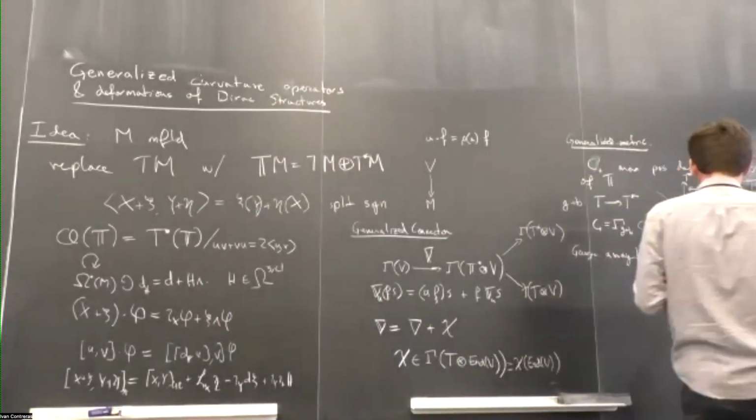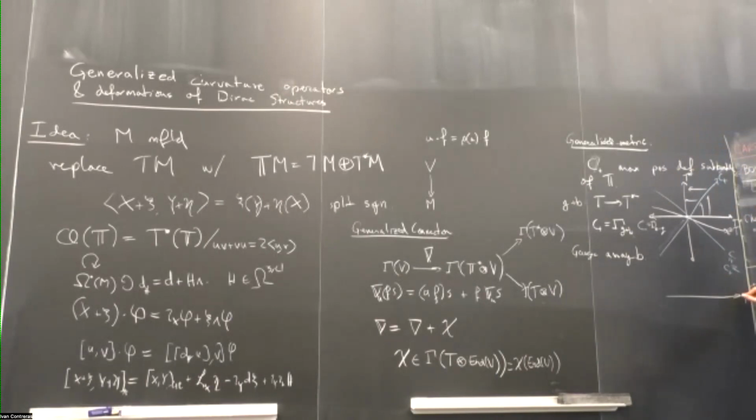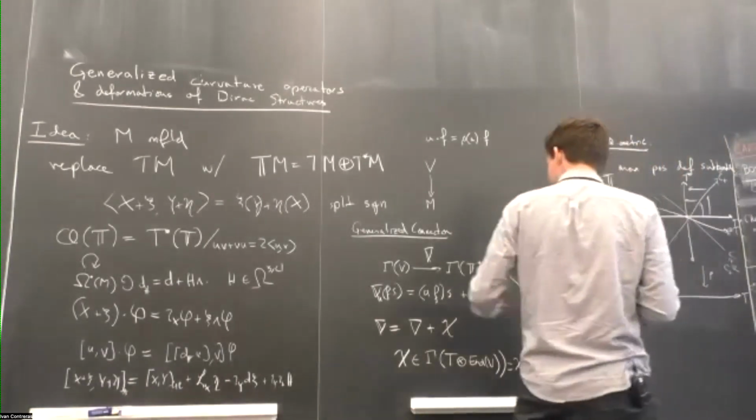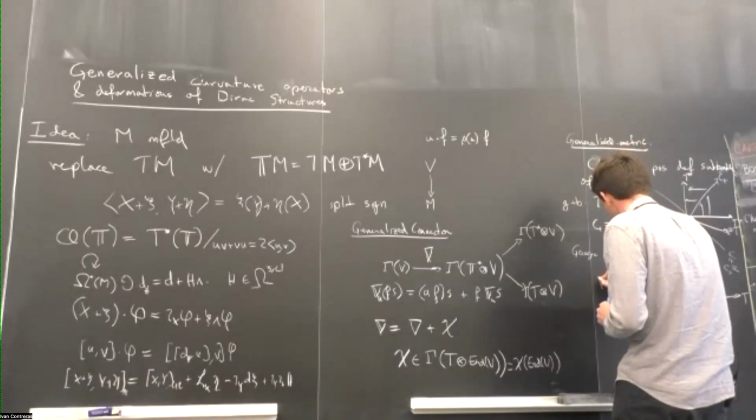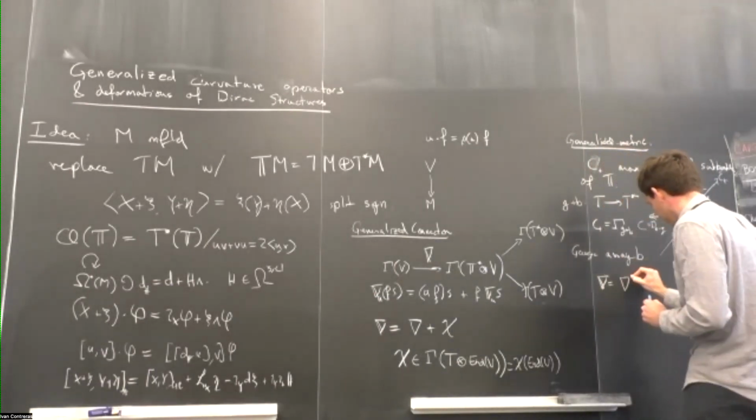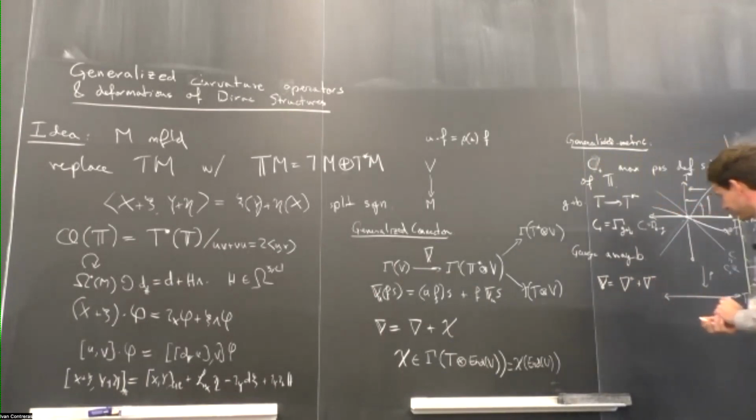So you have these two spaces, and they project isomorphically onto T. You have some projection. And so you have another decomposition of this operator, nabla, into nabla plus and nabla minus. And so this new reinterpretation is that this generalized connection is really a way of carrying around the data of two connections. Okay.